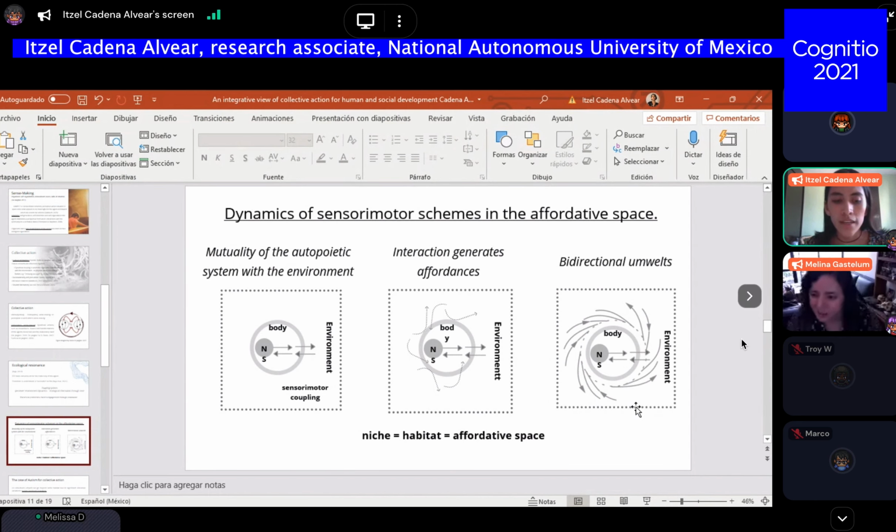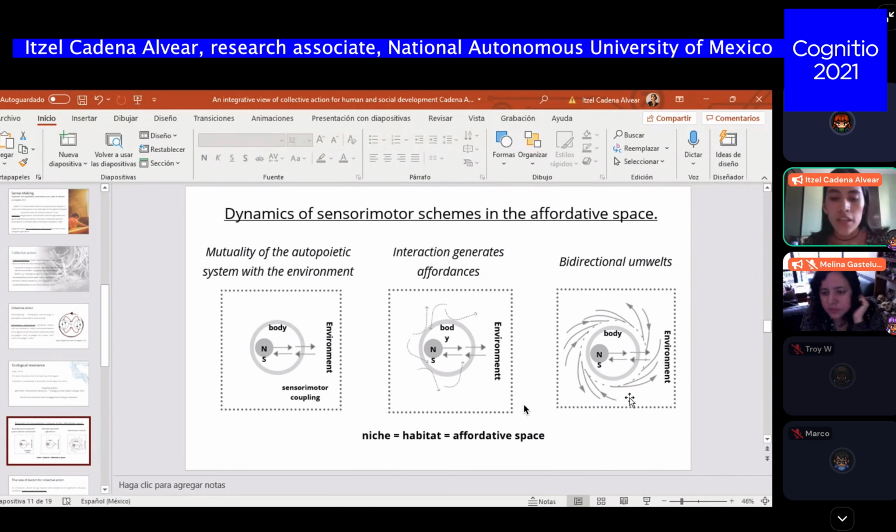Given this perspective, it is also important to acknowledge that each affordative space generates umwelts that have an intrinsic affectivity that pertains to the understanding of the world of each individual. Therefore, in specific cultures, the interactions depicted in figure one become a differentiated understanding and apprehension of the world that is the habitat.